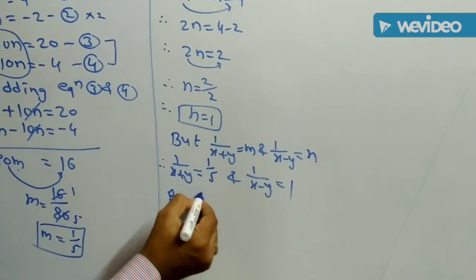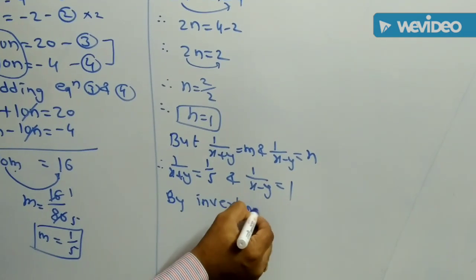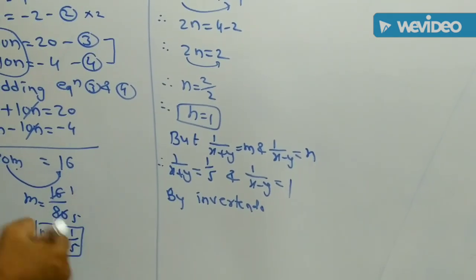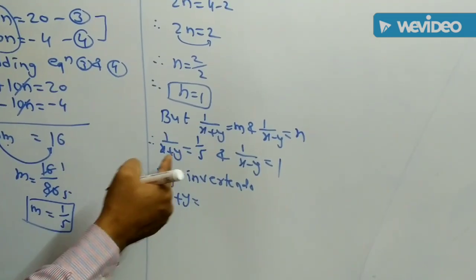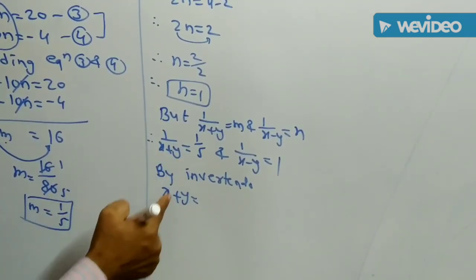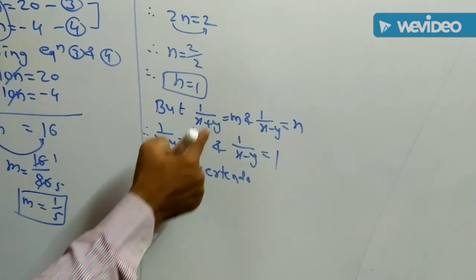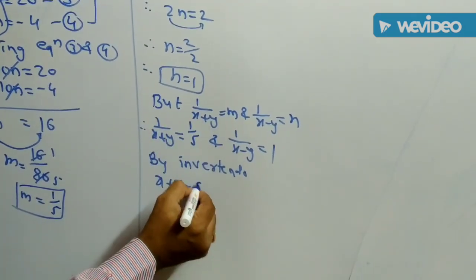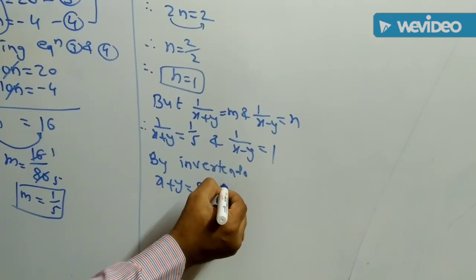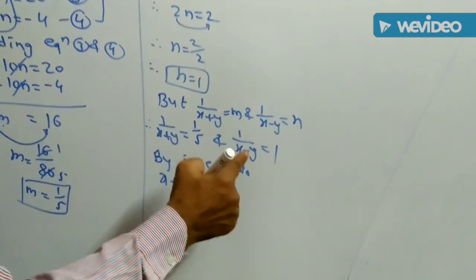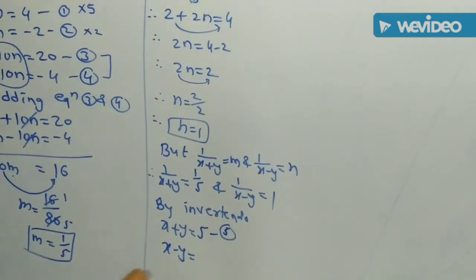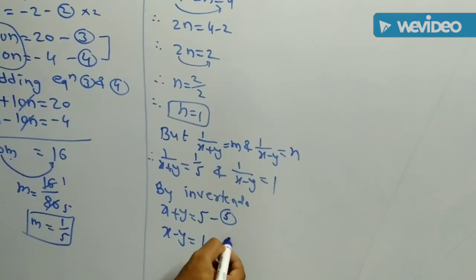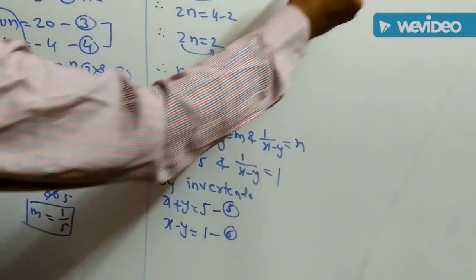Now by invertendo, or by taking reciprocal, 1 upon x plus y, reciprocal of that is x plus y, reciprocal of 1 upon 5, that is 5. Now we get equation number 5.